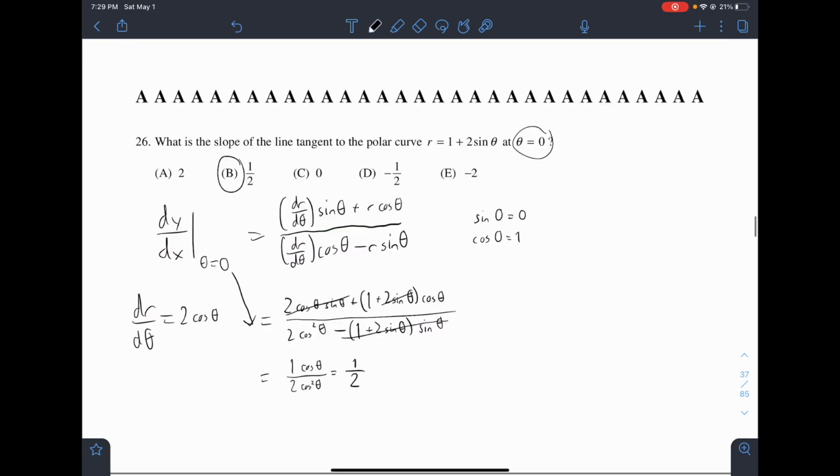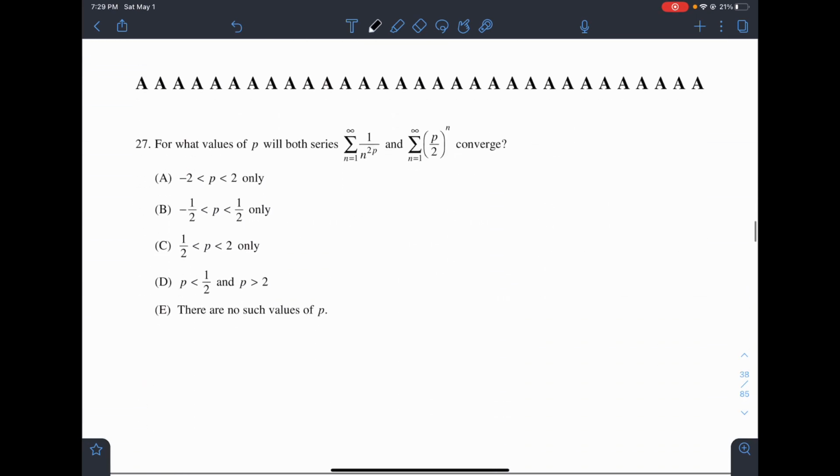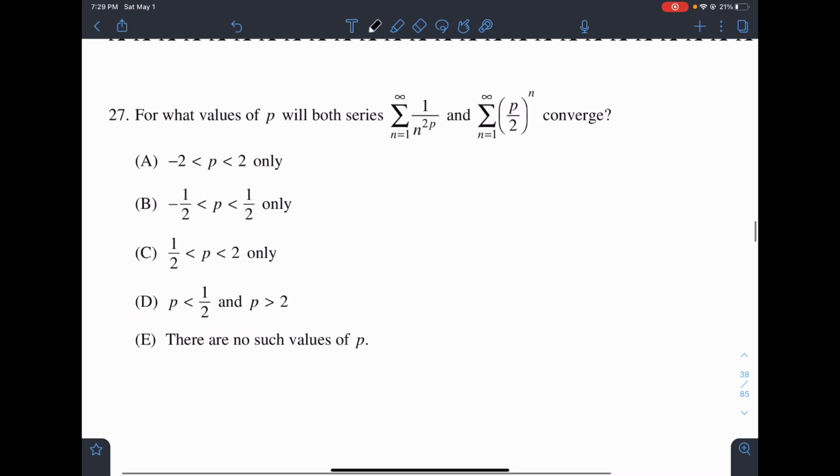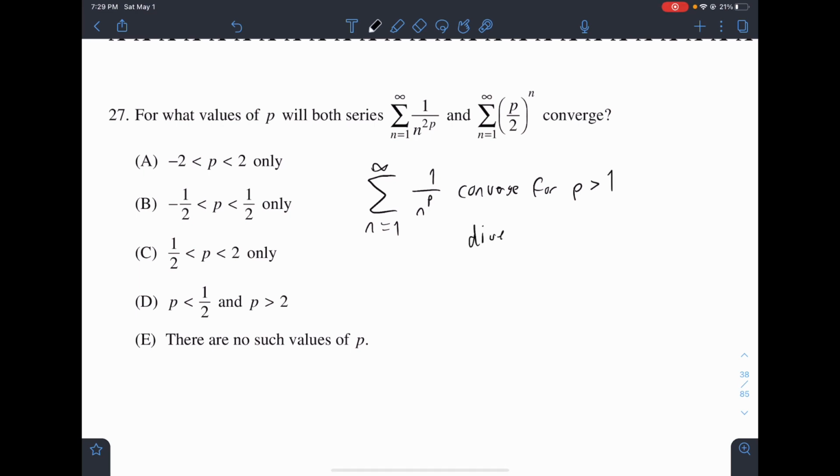Awesome. Number 27. This is going to be a series problem. We know from our background knowledge that the sum from n equals 1 to infinity of 1 over n to the p will converge for p greater than 1 and diverge for p less than or equal to 1.